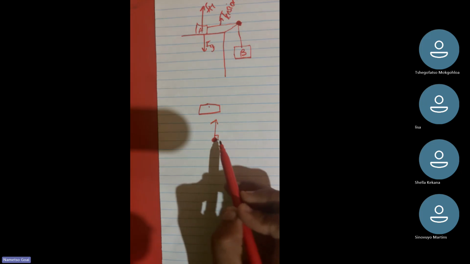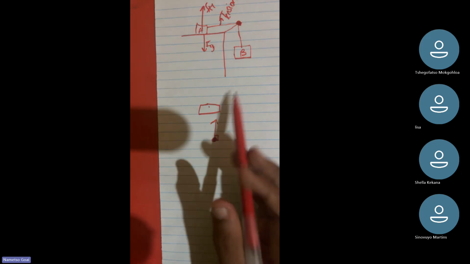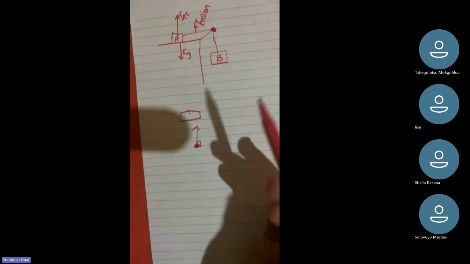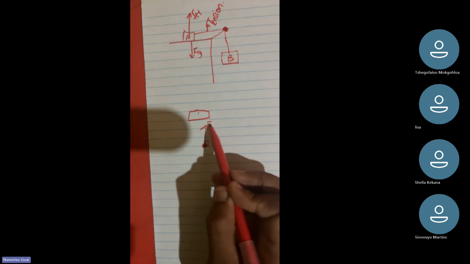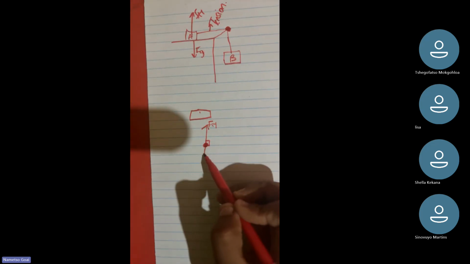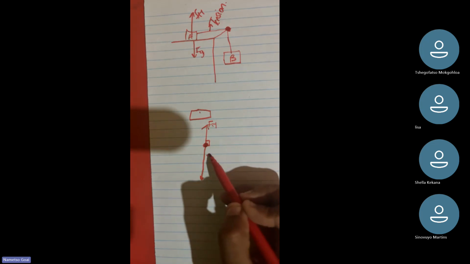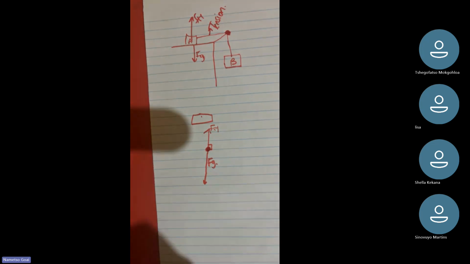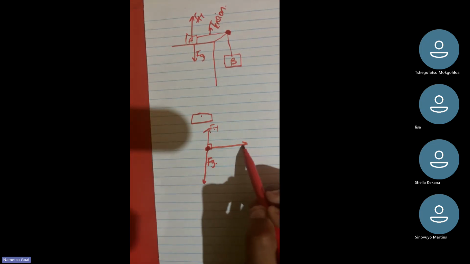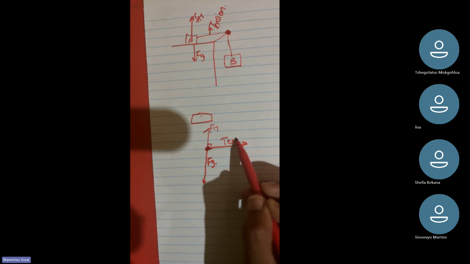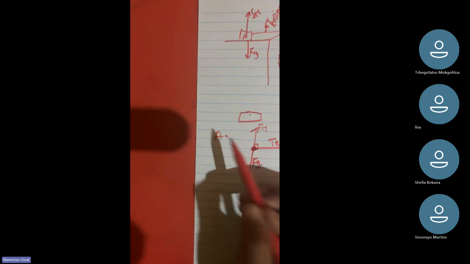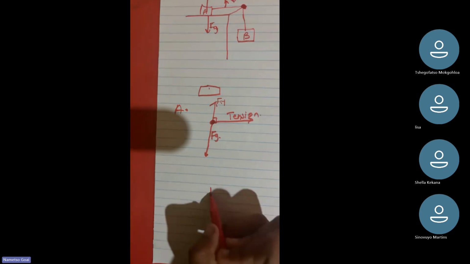Remember, it has to act at a 90 degree angle to the surface. And since our surface is just a flat surface, it means it will go upward. So this will be our Fn. And going down like this, we will have Fg. And in this direction, we will have our tension. So this is the free body diagram of A.